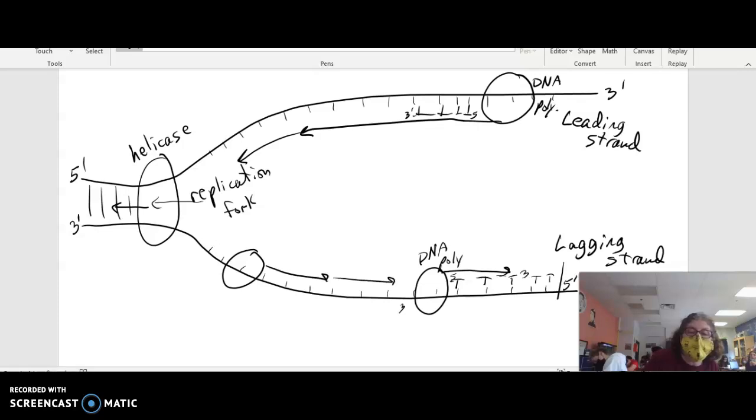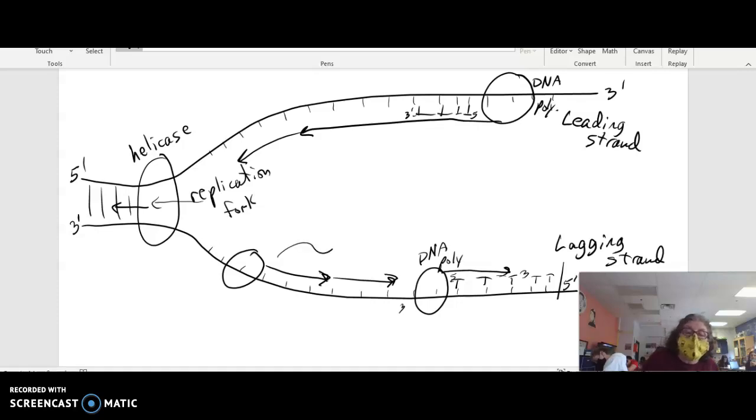And then the more the replication fork opens up, it's going to have to go back again even further and keep back stitching to keep making more and more, because it can only go in this direction, reading in a 3 to 5 direction, creating a 5 to 3 new strand.